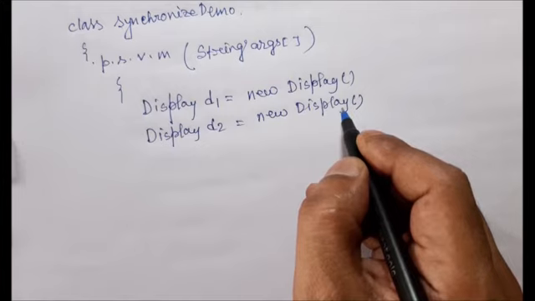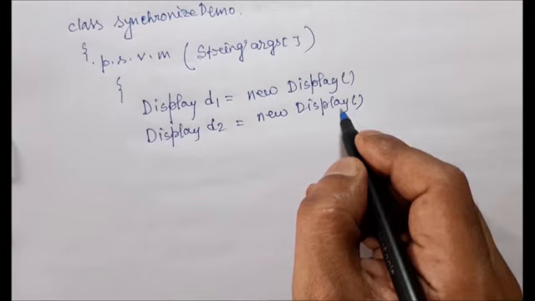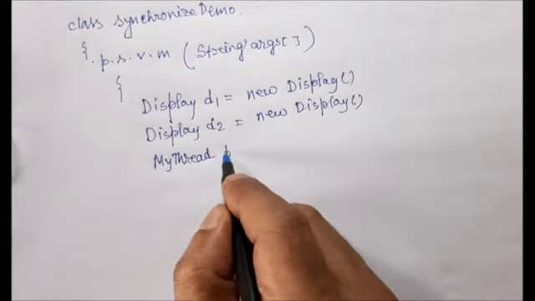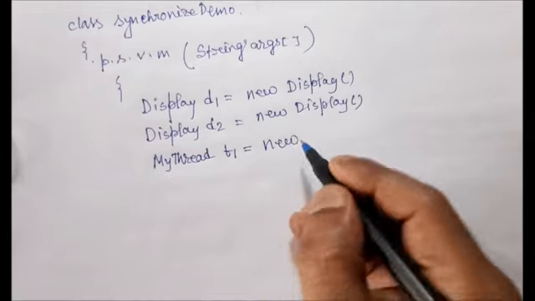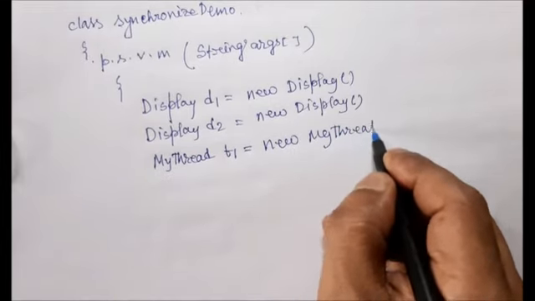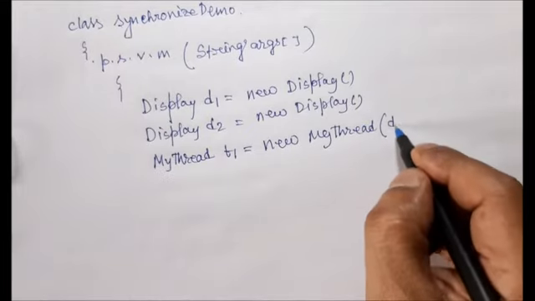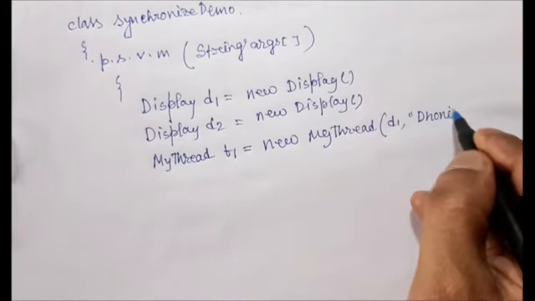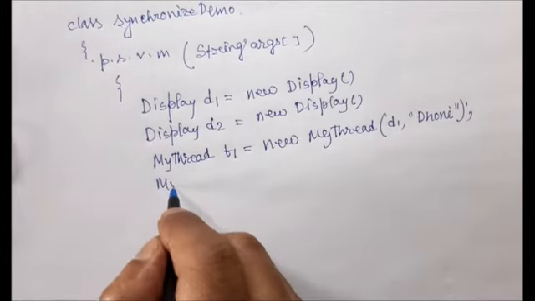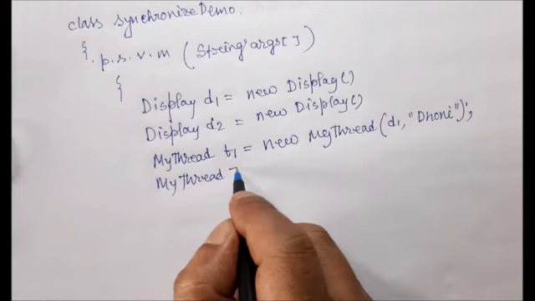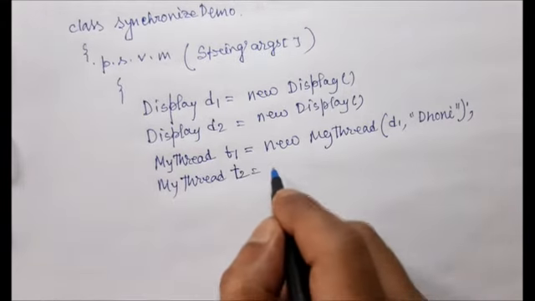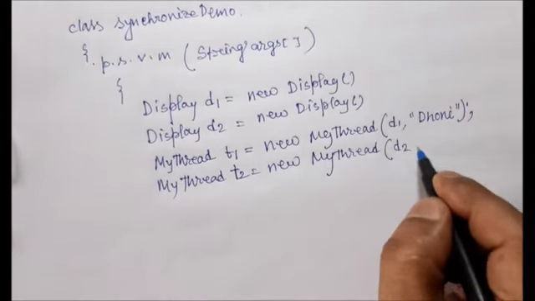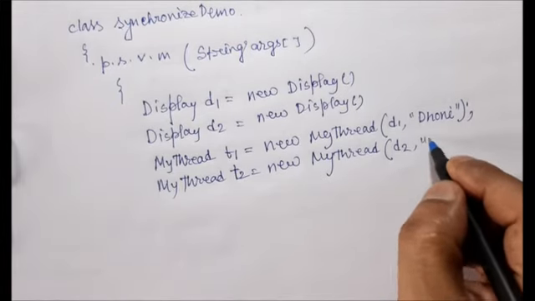And we have created two thread instances. We have created two MyThread: t1 = new MyThread, and I am passing the first instance object d1 with the string Dhoni, and MyThread t2 = new MyThread(d2, Yuvraj).